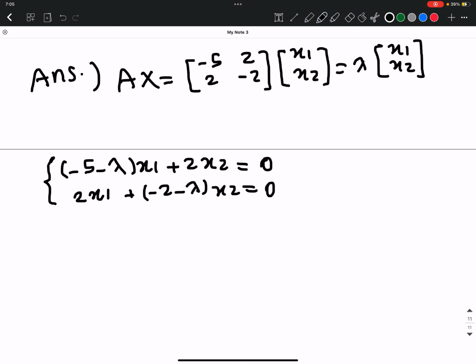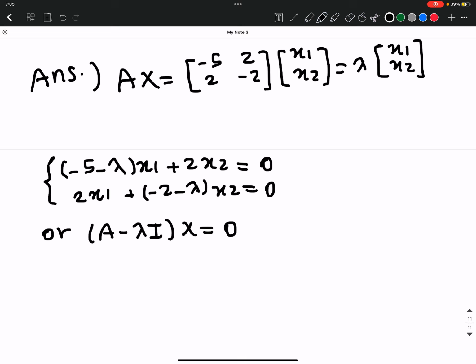Or simply, in matrix form, this is A minus lambda I times x equals 0, right? I bring this to the left-hand side and get this equation.